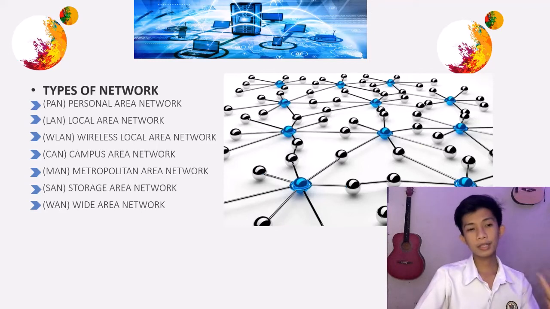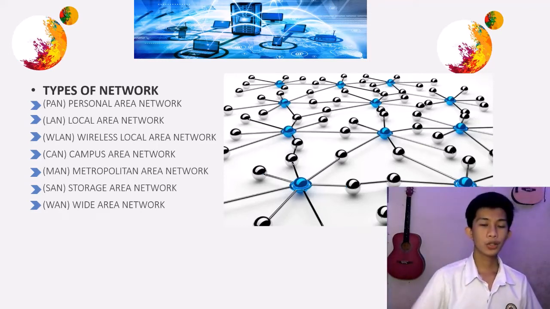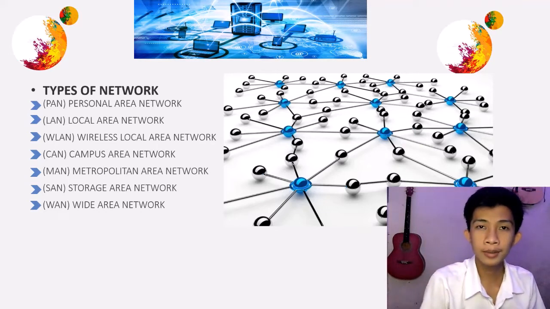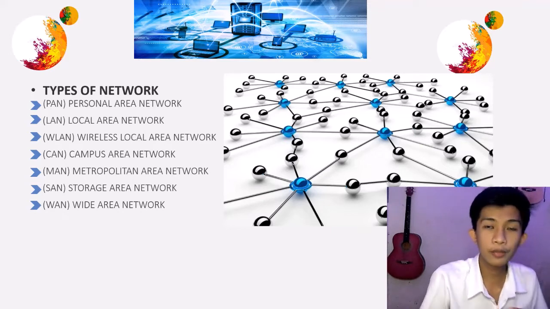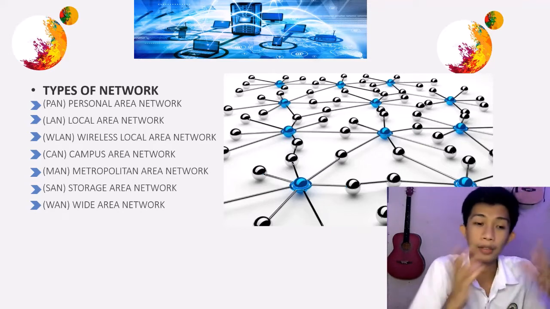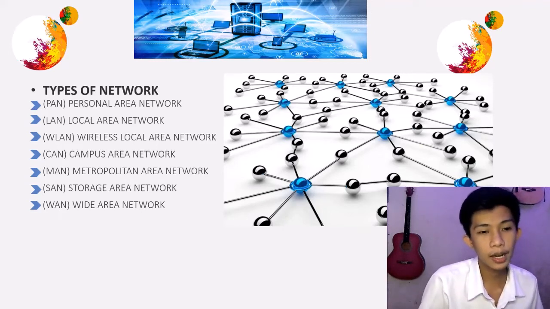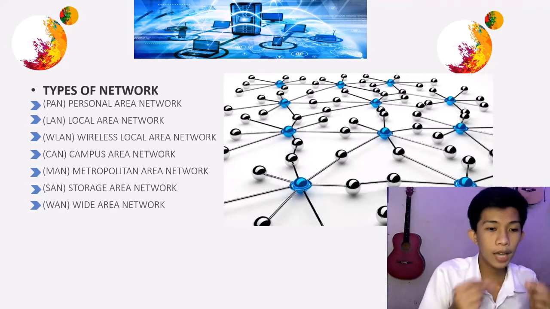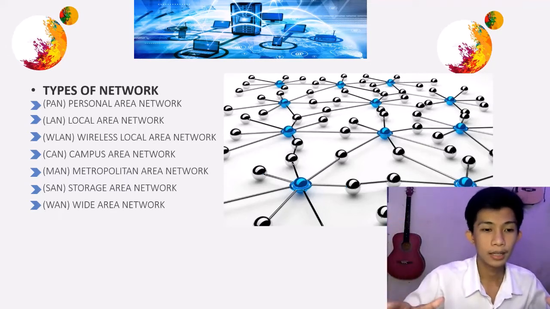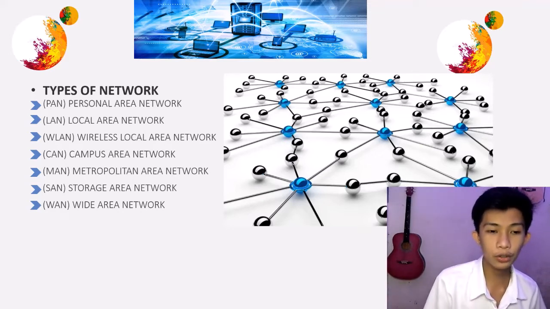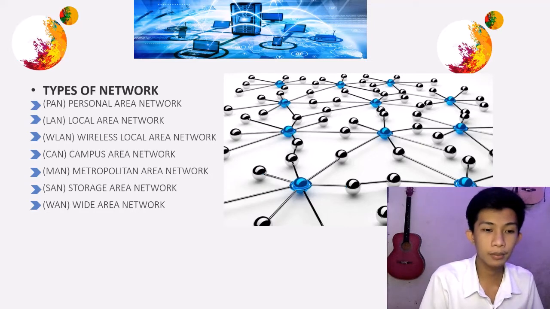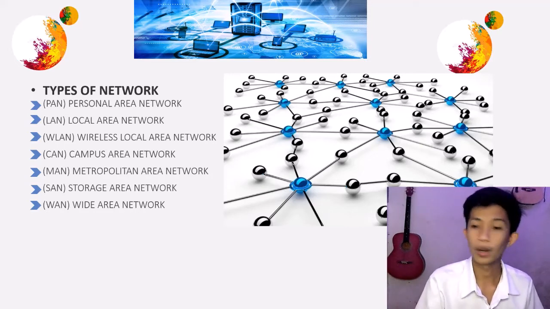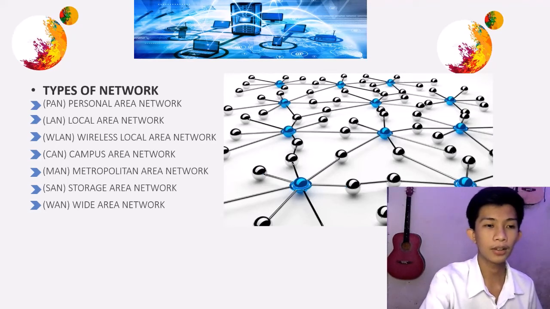So, what do these mean? Also, a network consists of multiple devices communicating with one another, a collection of people or systems in a group connected to each other. And a computer network is a connection of hardware or computers linked through communication channels. Okay? So, back to the topic, let's go to the types of network.